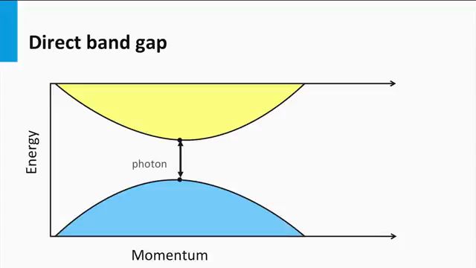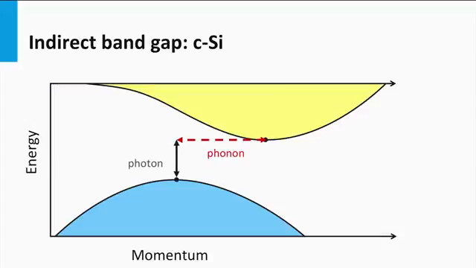Or in other words, the absorption coefficient for direct bandgap materials is significantly higher than for indirect bandgap materials. The same concept makes the reverse process of radiative recombination more likely to happen in a direct bandgap material. In an indirect bandgap material, additional momentum is required to make the electron and hole recombine.